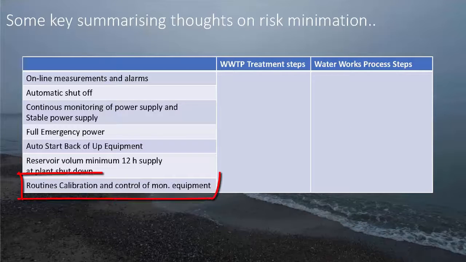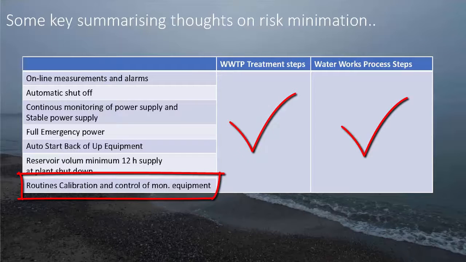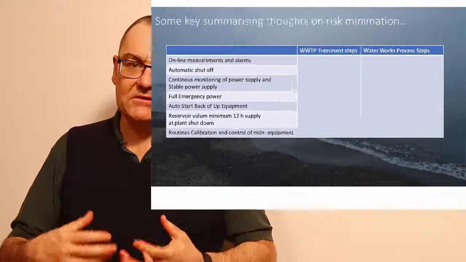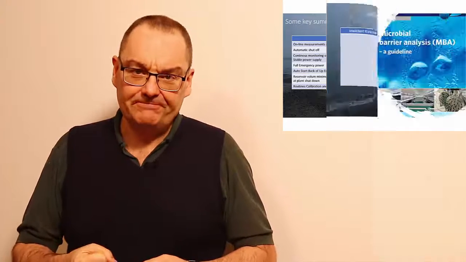Then routine calibration and control of monitoring equipment. This is very important for the wastewater treatment plant as well as for the waterworks. So some very important points in regard to minimizing risk and handling the distribution of drinking water in case of an emergency.